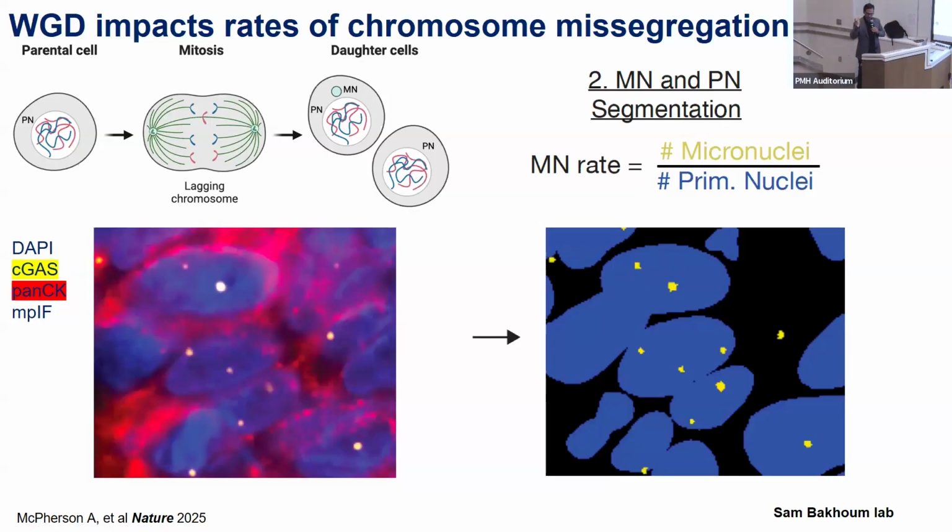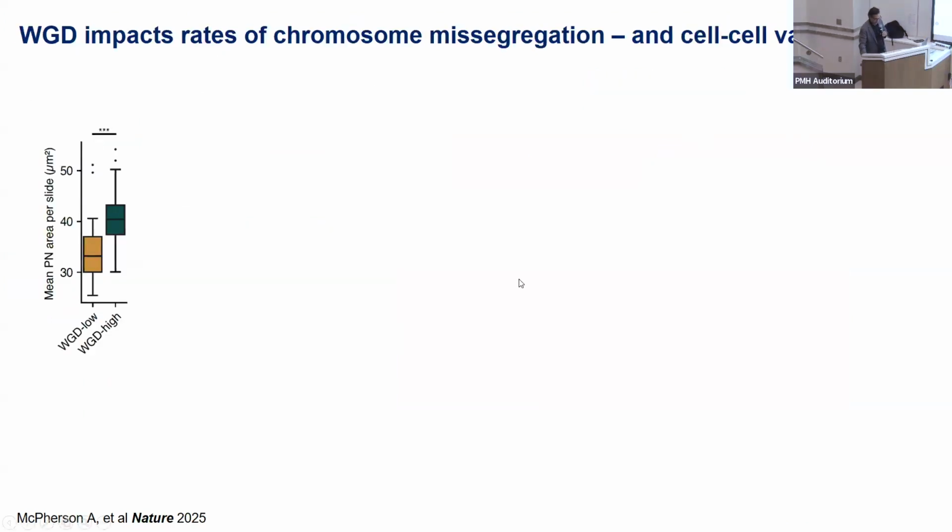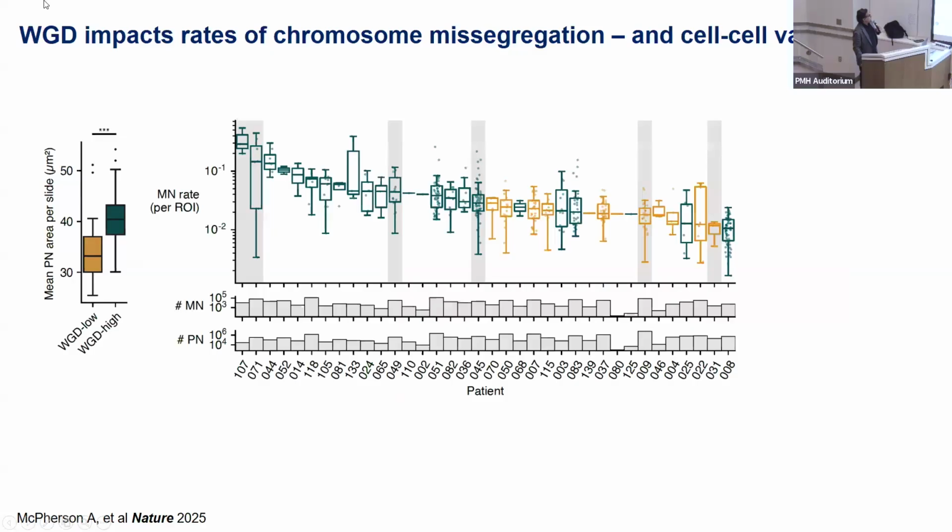So we can measure this, and we basically take these ruptured micronuclei as a readout of chromosomal instability. And so when we do this in situ for all the patients, we can see that the genome doubled high tumors have a far greater rate of micronucleation than the genome doubled low tumors. And that's just shown exploded here, where for each patient we can see the distribution of the micronuclei rate. The genome doubled high ones are on the left.